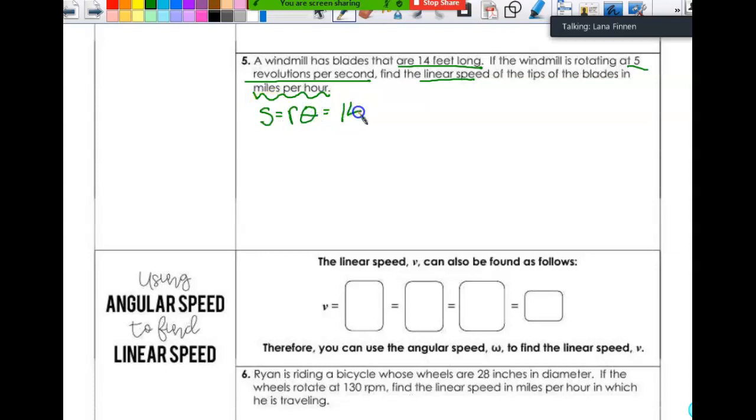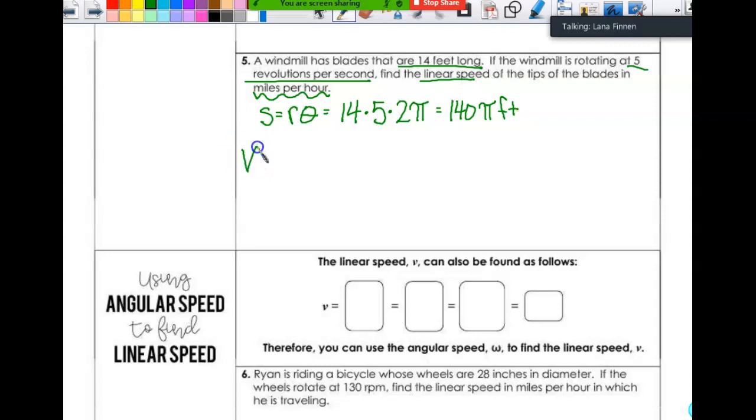So that's 14 times the number of revolutions, which is 5, times 2 pi. Now with these numbers, I'd probably go ahead and multiply this because it's smaller numbers. So 2 times 5 is 10, times 14 is 140 pi, and that would be feet. If you want to leave them split up, that's fine too. You just do whatever you feel like you need to do at that time.